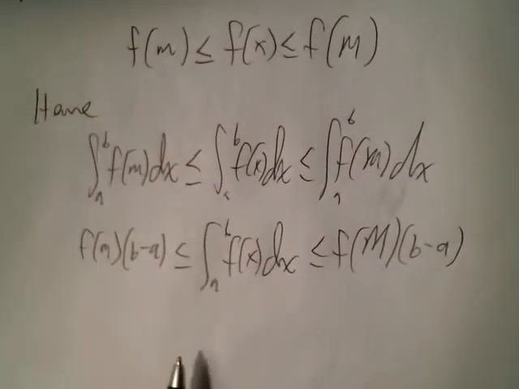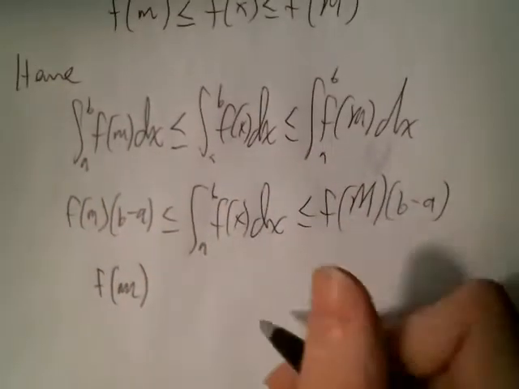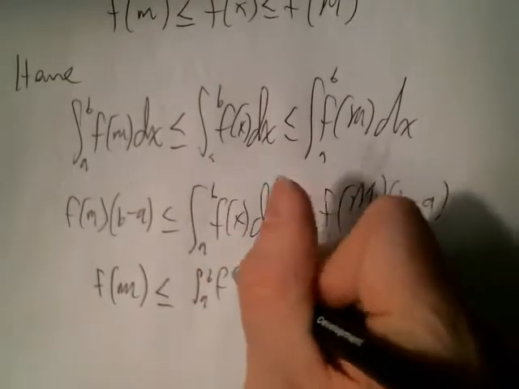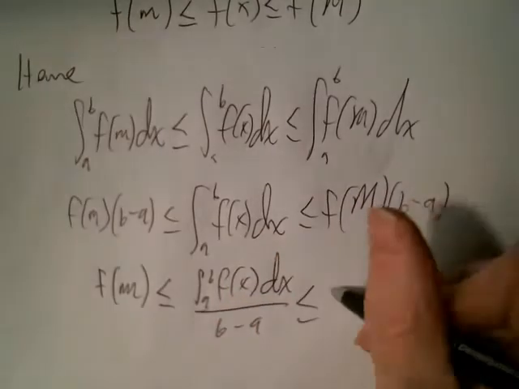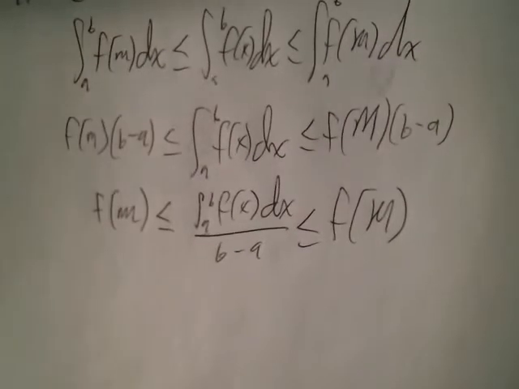And then you could divide through by b minus a, and you have f of little m less than or equal to the integral from a to b of f of x dx all over b minus a, which is less than or equal to f of big M. Okay. And then by the intermediate value theorem, there must exist a c in between these two points such that f of c is equal to this number.